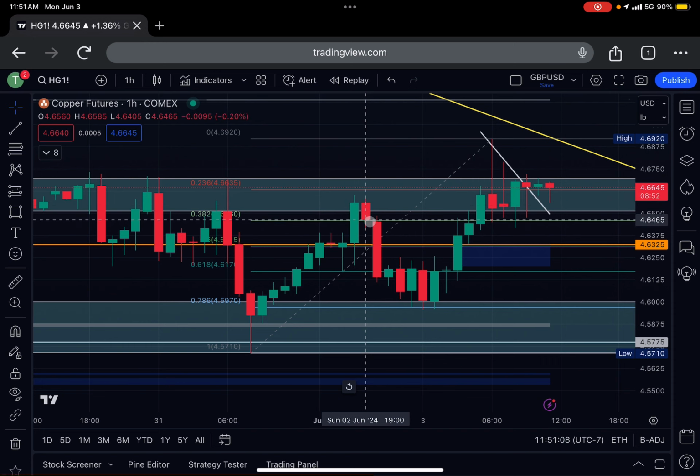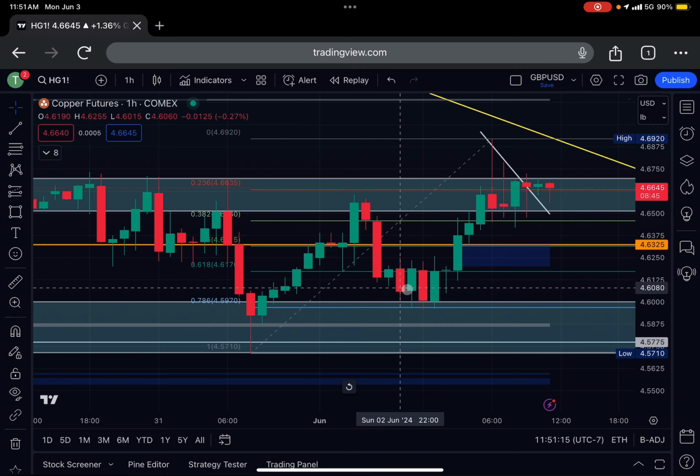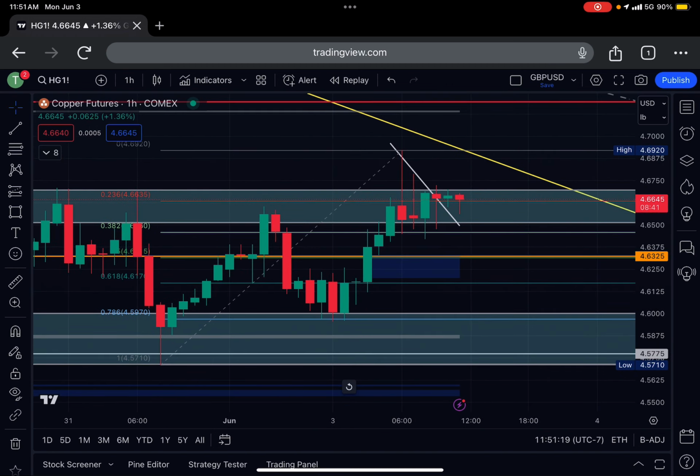I took the short here, just a smidge down, and then waited and waited and closed at 12.50. Actually, I might have closed a little bit more than that, maybe like $1,300.